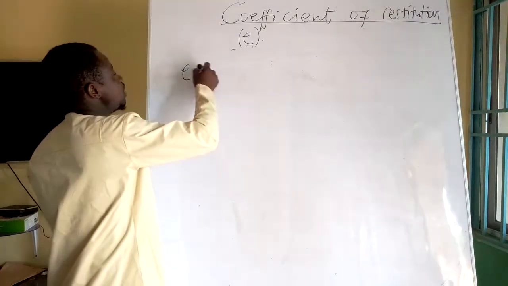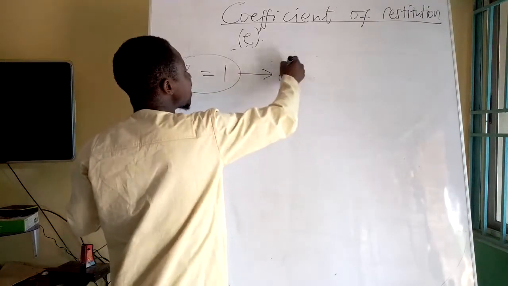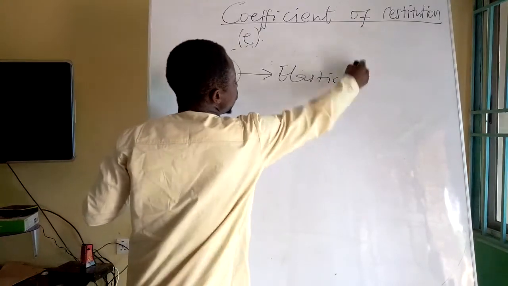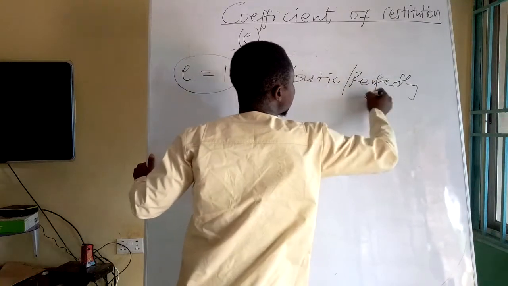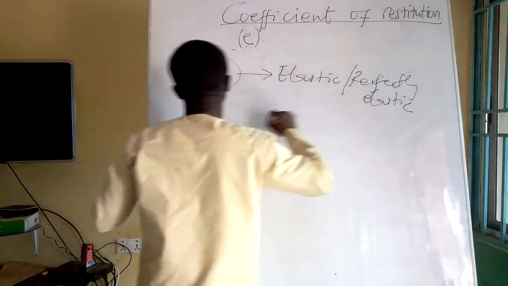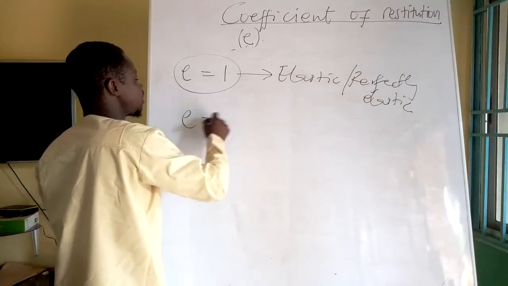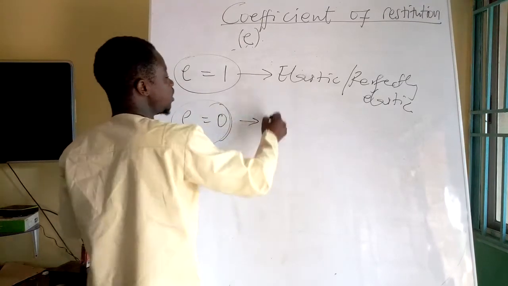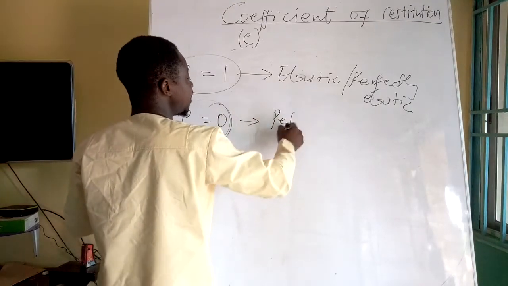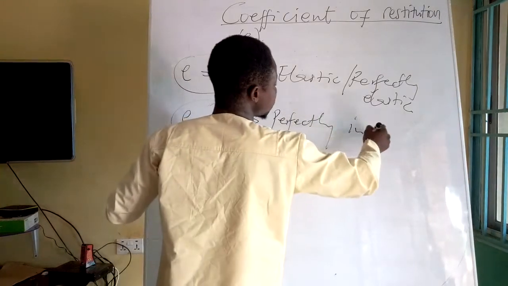When the value of E is equal to 1, it means the collision is elastic or perfectly elastic. But when the value of E is equal to 0, that is, when the coefficient of restitution is 0, the collision is perfectly inelastic.